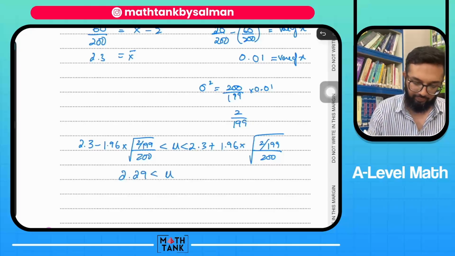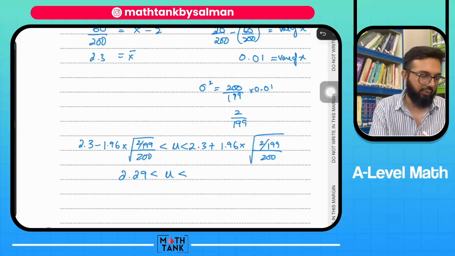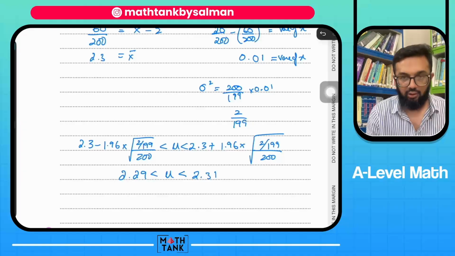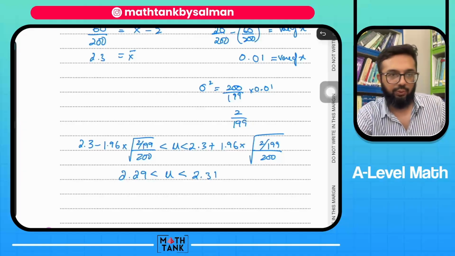So I get 2.29 and 2.31. I hope those are the correct answers. Yes, those are the correct answers.